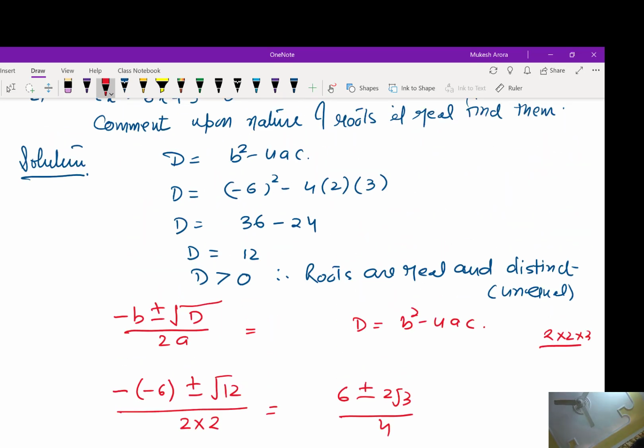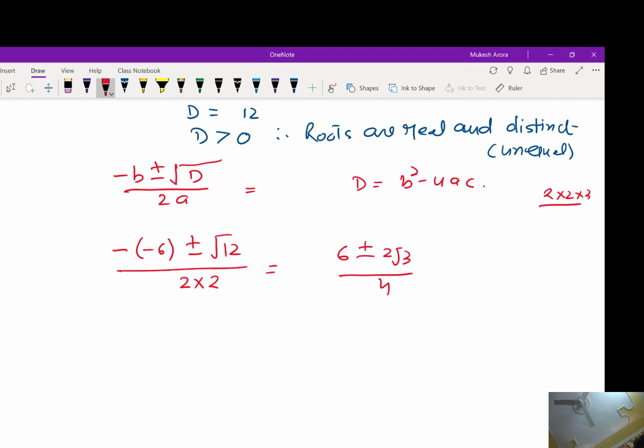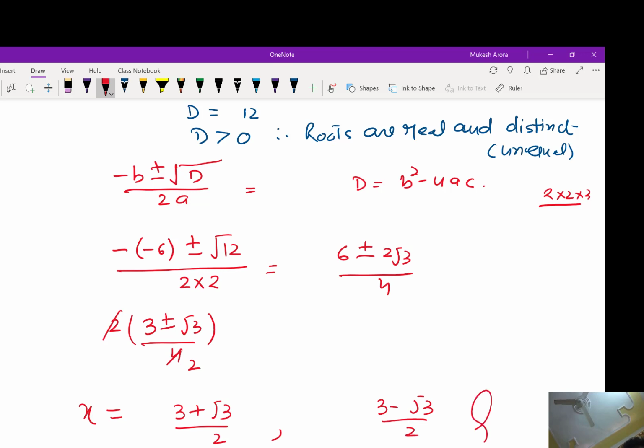Now we take common here. Only 2 is common. We take 2 common. It will be 3 plus minus under root 3 by 4, and this is also cancelled. The first value of x will be 3 plus under root 3 by 2. Second will be 3 minus under root 3 by 2.